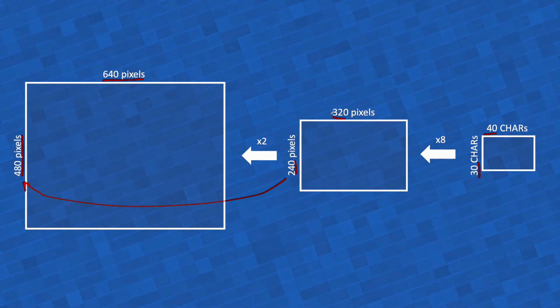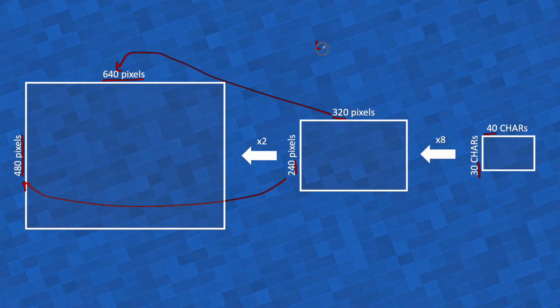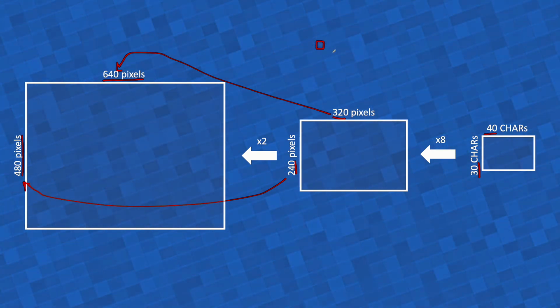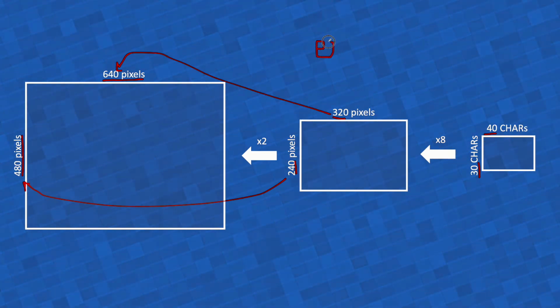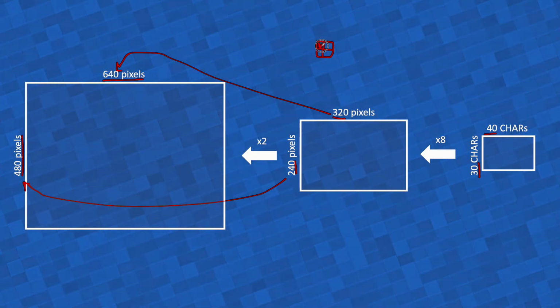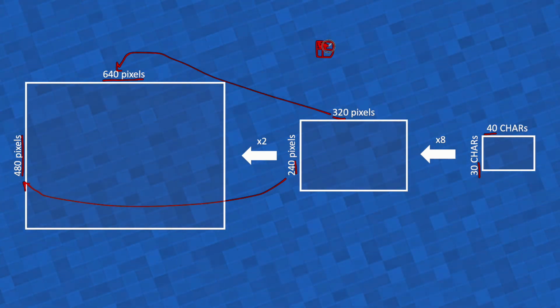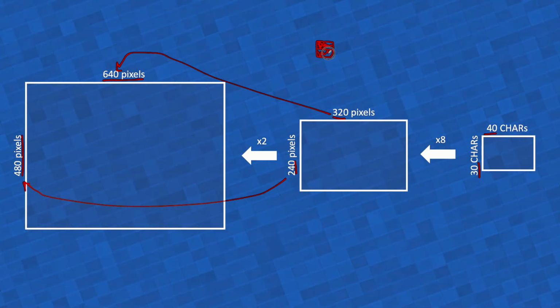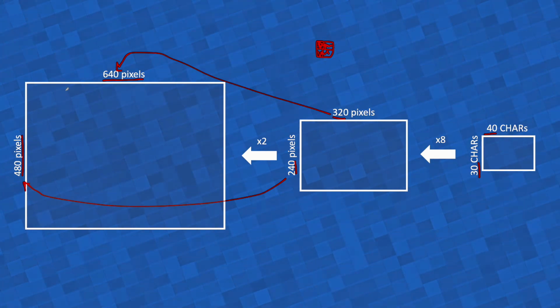And 320 has to become 640. So for every little pixel that the computer sees, the screen has to see a 2x2 version of that. You have to copy the original pixel twice, once horizontally and then the whole thing vertically. And then we'll be able to fill the VGA screen.